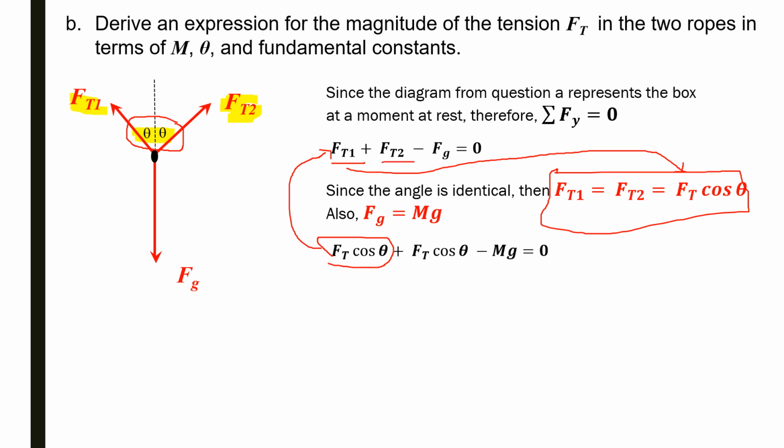Tension 2 is the same, so I can change Ft sub 2 into the force of tension cosine theta, minus Fg. But Fg is right here, so I will plug in the value of Fg.